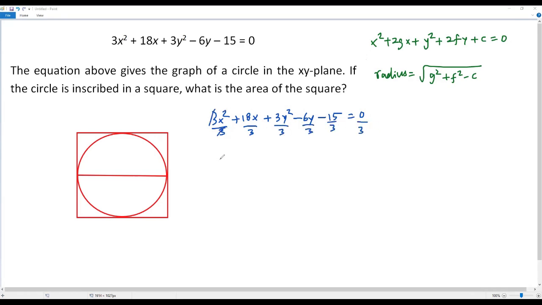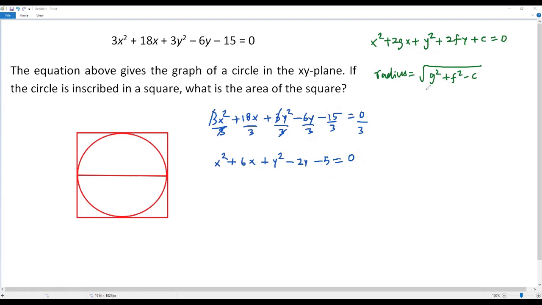Here the 3 will cancel, and I'm getting x². When I divide 18x by 3, I'm getting 6x. Then y², and when I divide -6y by 3, I'm getting -2y. -15 divided by 3 is -5. On the right side, 0 divided by 3 is 0. Now the given equation is exactly in this form.